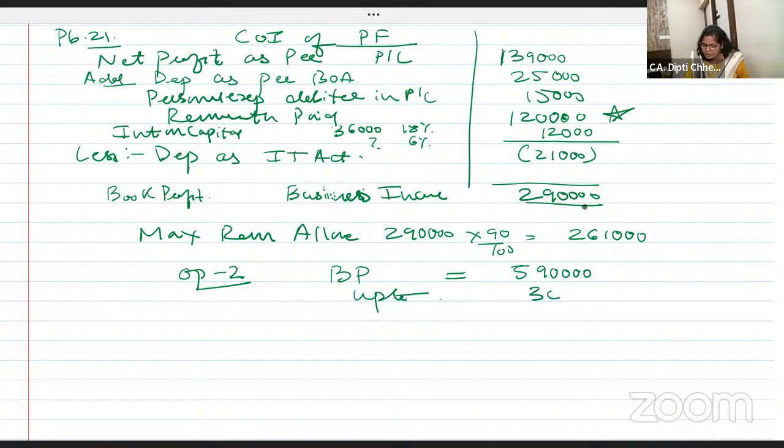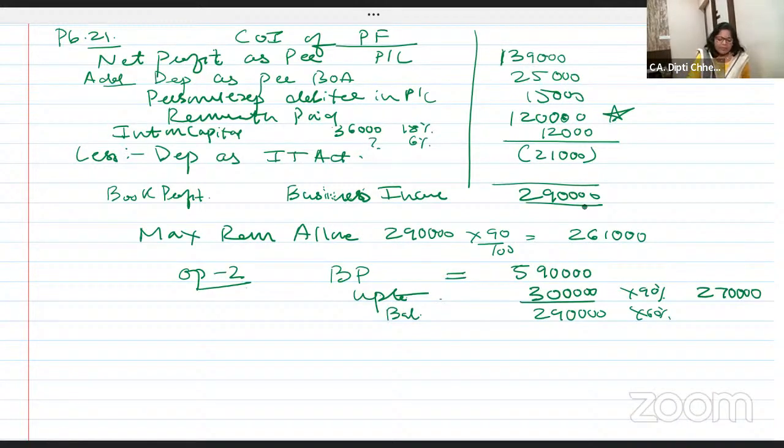Up to 3 lakh, 90%, 2,70,000 remuneration is allowed. And balance 290, how much is allowed? 60%. Don't get confused. Option 2 is if I change the figure. 290 ka 60%, 1,74,000.